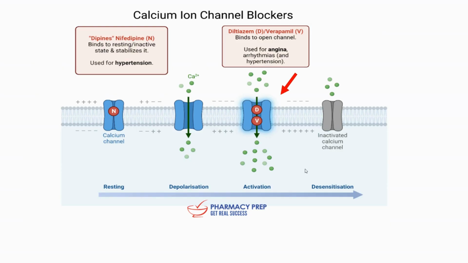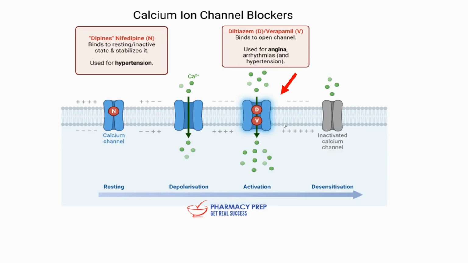Unlike the dipine type of calcium ion channel blockers, they also block the calcium ion channel. However, these bind to the open channel, whereas the dipines bind to resting channels in the inactive state. This one binds to the active state, and by binding to those calcium ion channels, it prevents calcium entry.